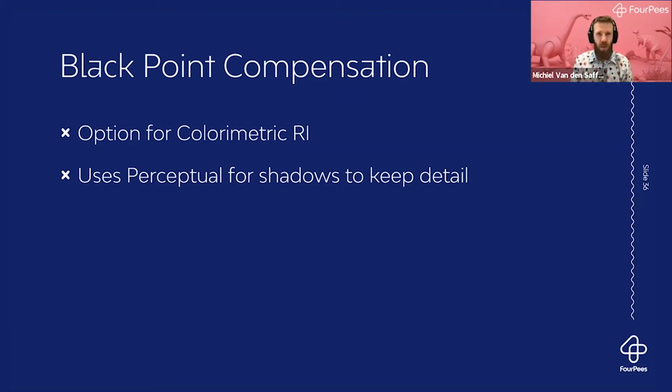The goal here is basically to help us with the specific problem that we have with the colorimetric rendering intent, that clipping happening in the shadows. And we know perceptual doesn't have that issue. So instead of using one or the other, we can use relative colorimetric rendering intent with black point compensation and use some of the features that perceptual offers in the areas where relative colorimetric has trouble.